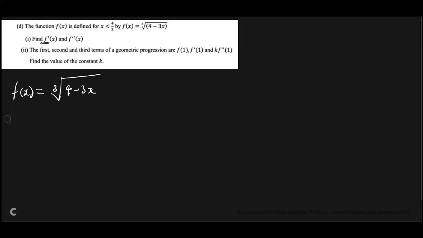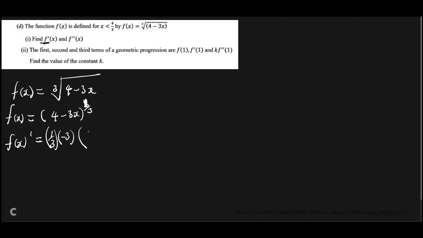So how do we do that one? That's where you have to say f of x equal to, you need to put that in exponential form. That is 4 minus 3x to the power 1 over 3, like that, right? Now, when you differentiate once here, remember that we use the chain rule. You get the power, which is 1 over 3, differentiate inside, which is negative 3.